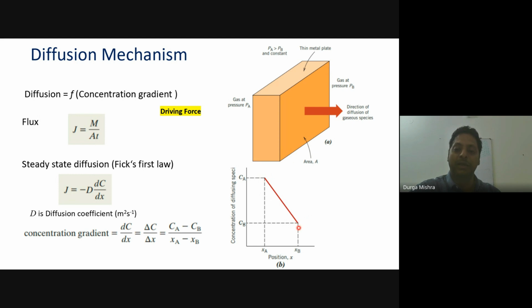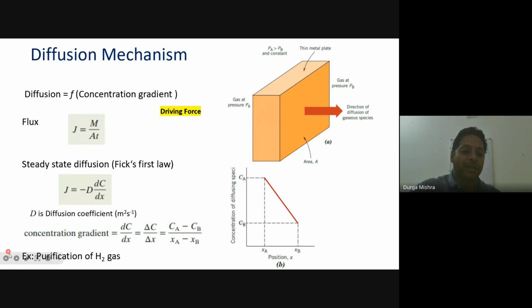These will remain always the same and the slope will not change. So then I can calculate the gradient: CA minus CB divided by XA minus XB. XA and XB will be the position or the width or the thickness of this metal plate, so to say. So I can calculate the concentration gradient, and then I can calculate the flux if I know the diffusion coefficient.